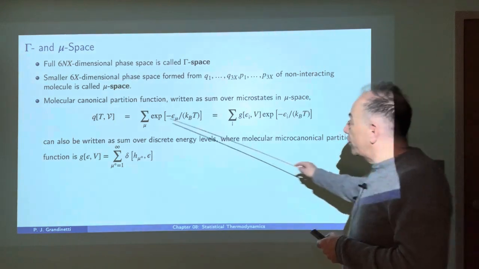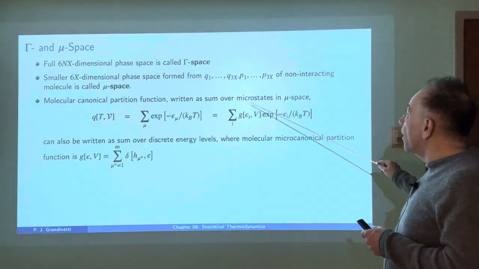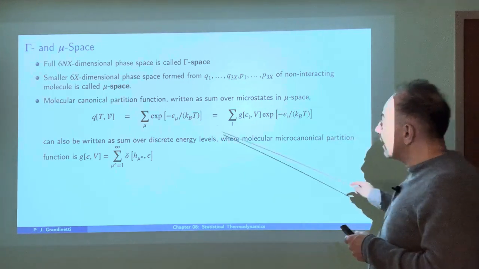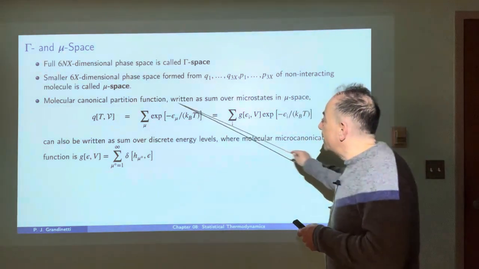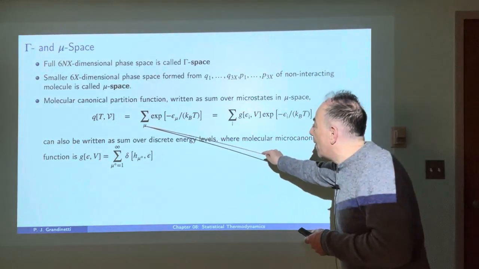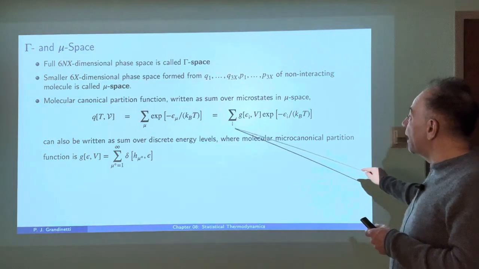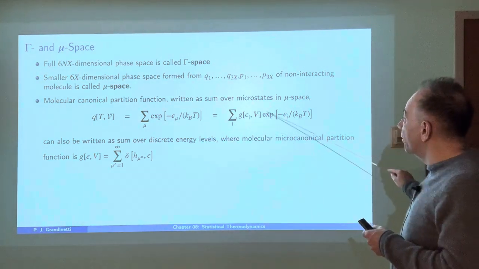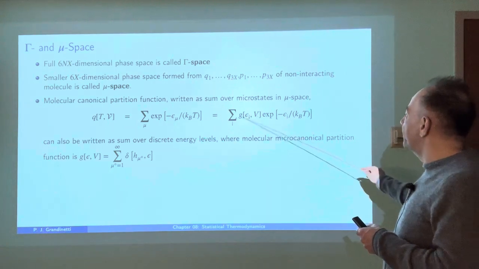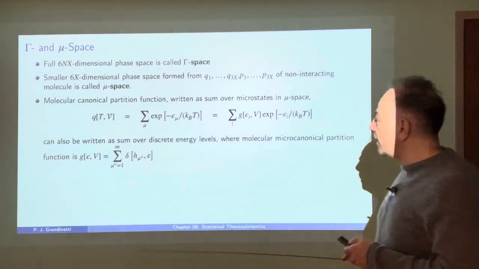So the molecular canonical ensemble partition function is written over the microstates in mu space, and that's given by this summation here. This is in terms of microstate indices, but if you wanted to do it in terms of discrete energies, you can use it here where you have your discrete energy degeneracies, which you can calculate according to this formula here.